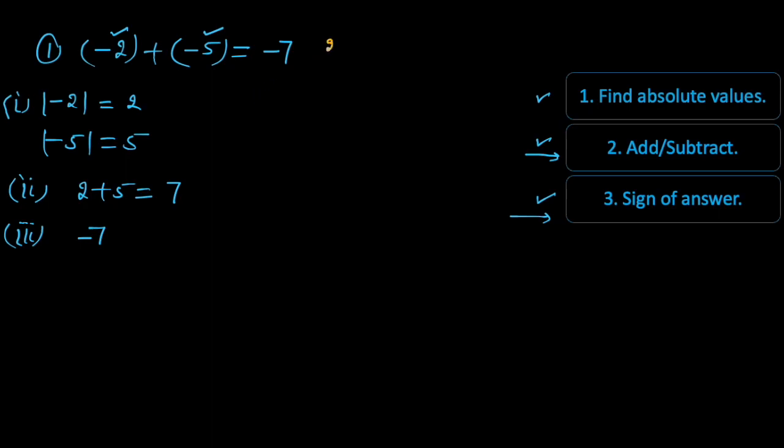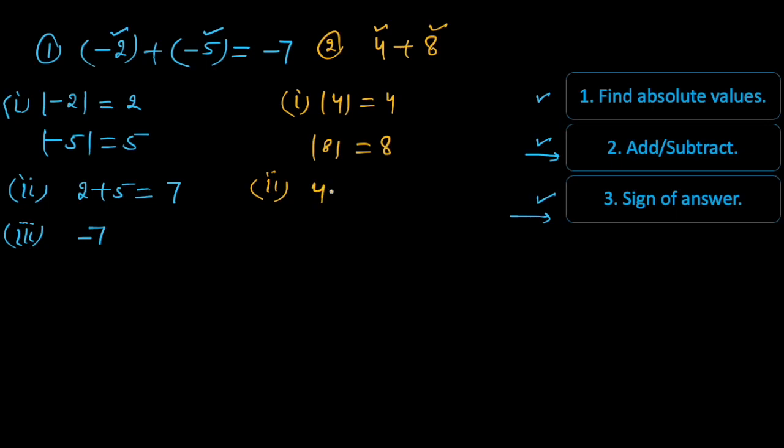Now let's take another example. In this example, we have 4 plus 8. Again, you may say it is a very easy question, but if you follow these steps, the first step is to find the absolute value of 4 and the absolute value of 8, and in step 2, since both of the integers are positive, they have the same sign, you will add their absolute values, which is going to be 12.